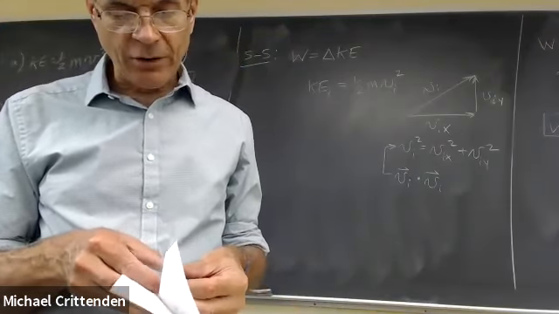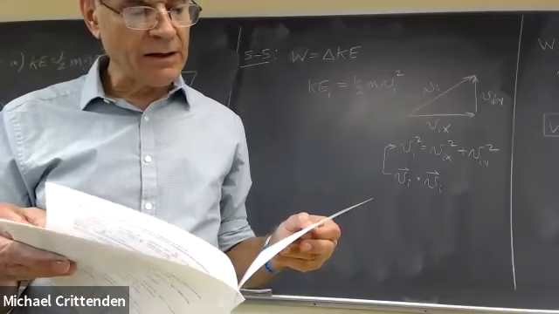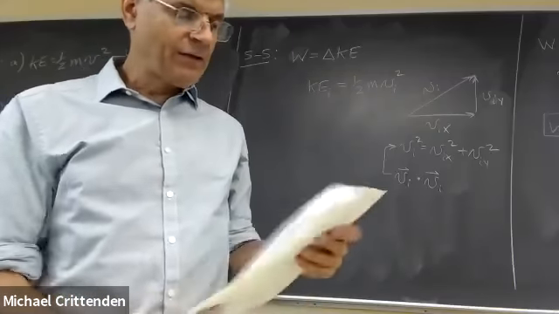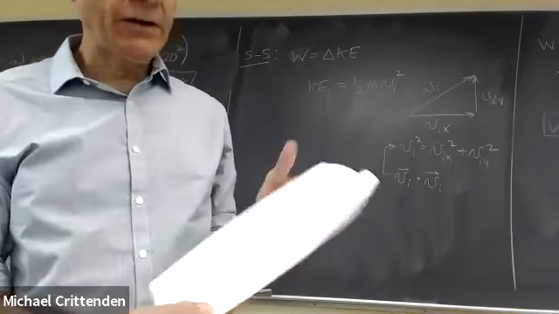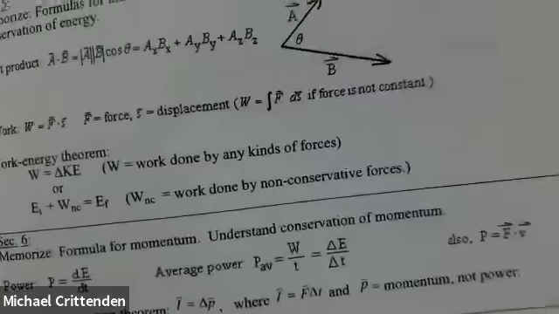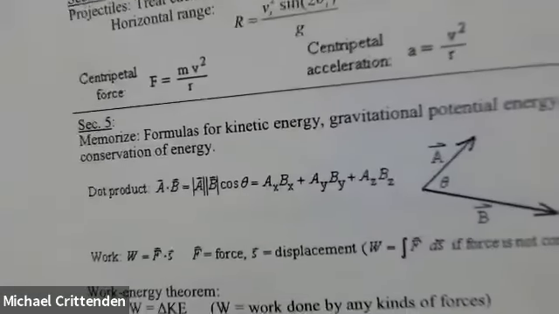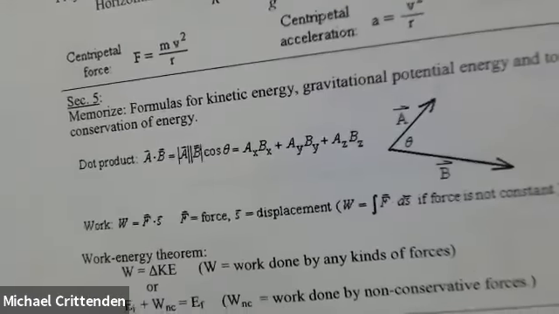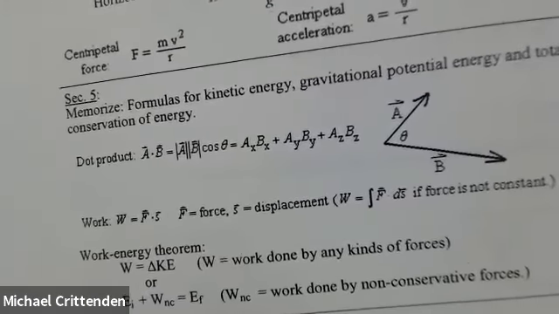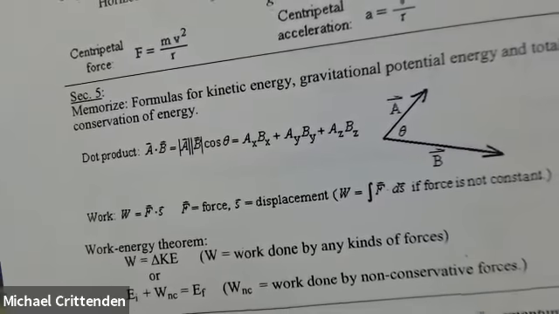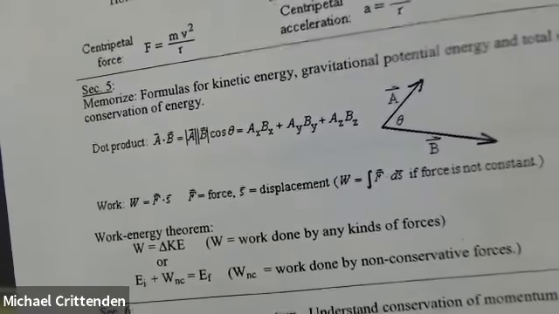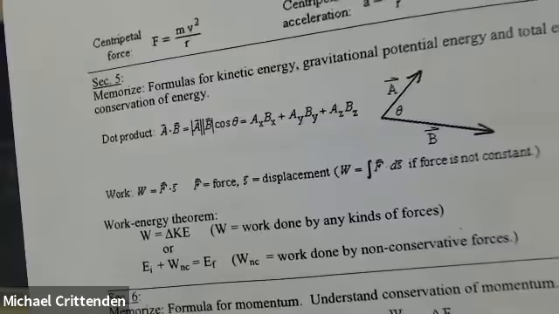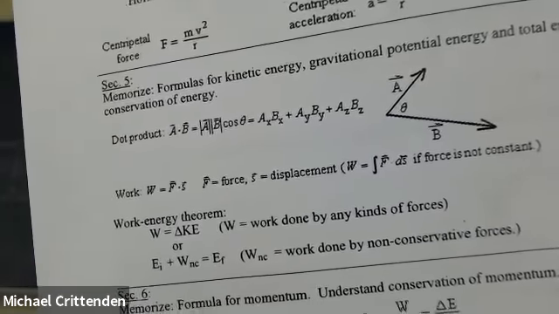Somewhere in the formula sheet, it tells you how to do these vector products. Okay, the dot product is tucked away under section 5. There we go. Dot product. The way you do a dot product with the components is you multiply the x components together and you multiply the y components together, z components if it's a three-dimensional problem, and then you add.